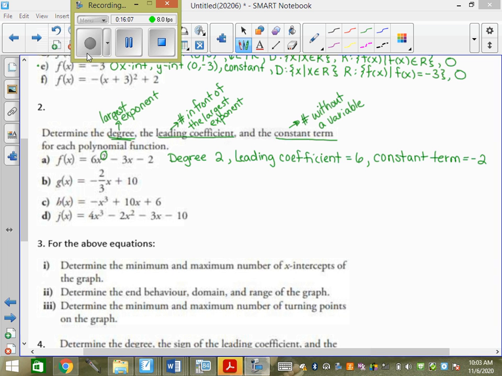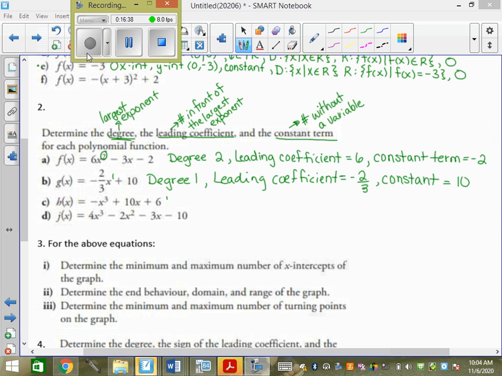Okay, letter B. What's the degree? 1, because if there's not an exponent, it's 1. What's my leading coefficient? It is equal to -2/3. And what's my constant? +10.